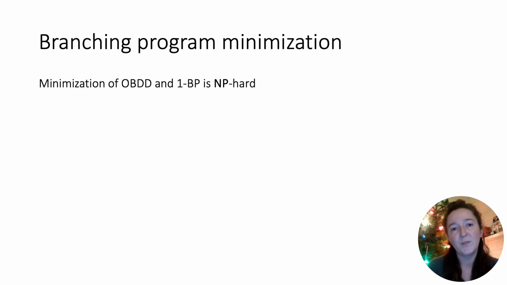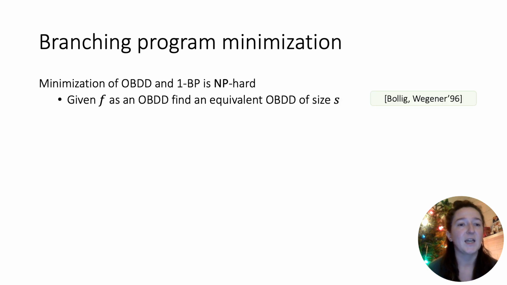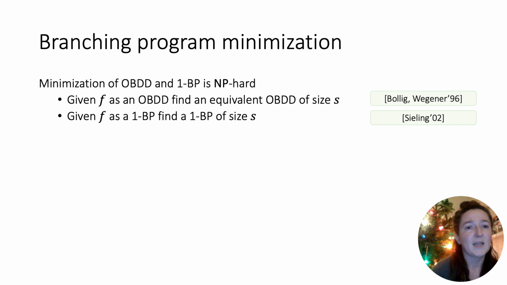The complexity of branching program minimization was already studied extensively before this work. For instance, quite a few results were known for minimization of OBDDs and read-once branching programs. It was already shown to be ETH-hard to compress an input OBDD and to compress an input read-once branching program.